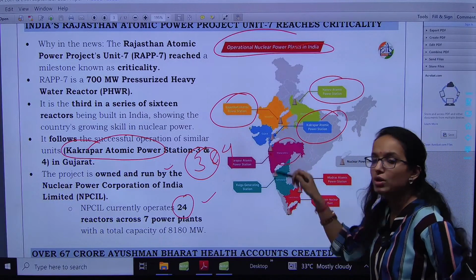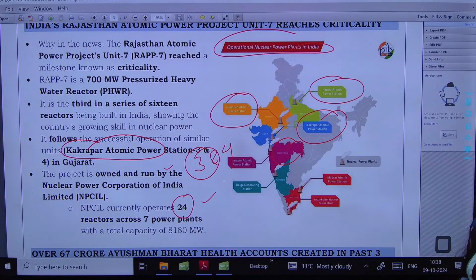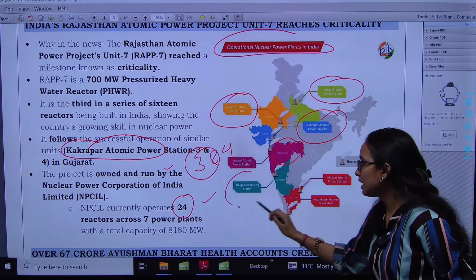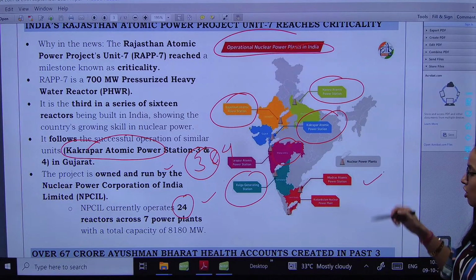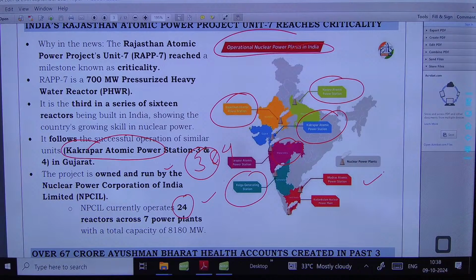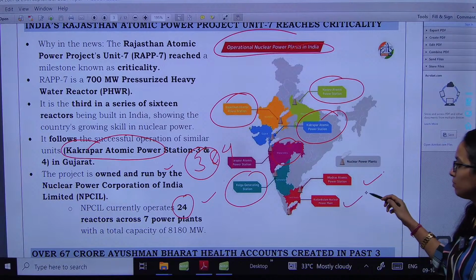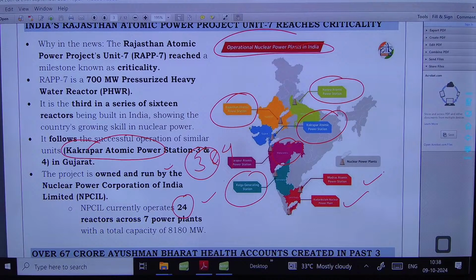From Maharashtra, you have Tarapur. From Karnataka, you have Kaiga Generating Station. Then from Tamil Nadu, you have 2 power plants in operation: Madras Atomic Power Station, as well as Kudankulam Nuclear Power Plant. So these are the operational nuclear power plants in India. Please remember them.